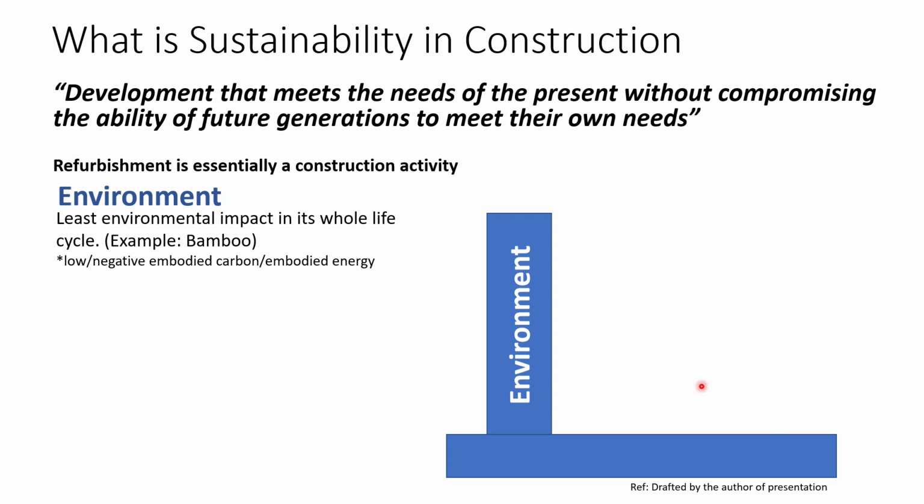About life cycle we are going to talk a little bit later. Materials can be used such as bamboo or other materials which have a net negative carbon impact on earth, or have low embodied carbon or embodied energy. We are going to talk about embodied energy and embodied carbon a little bit later as well.